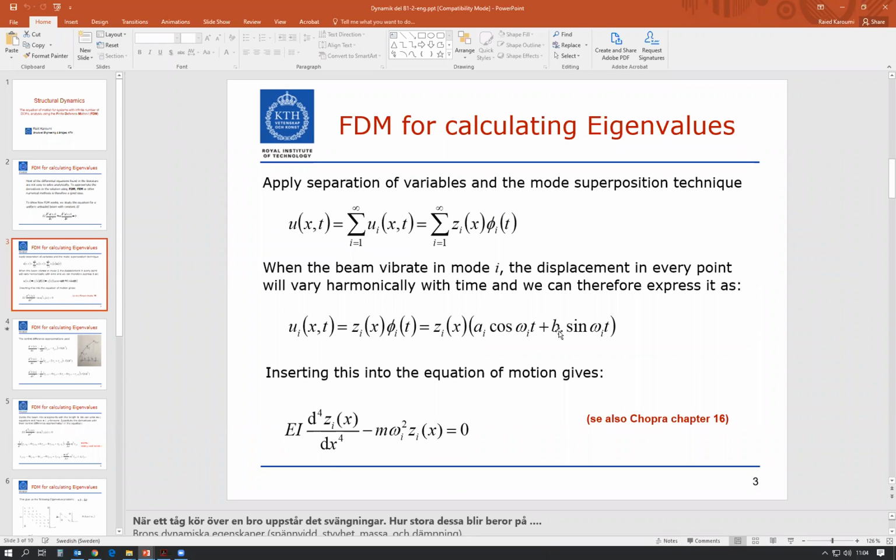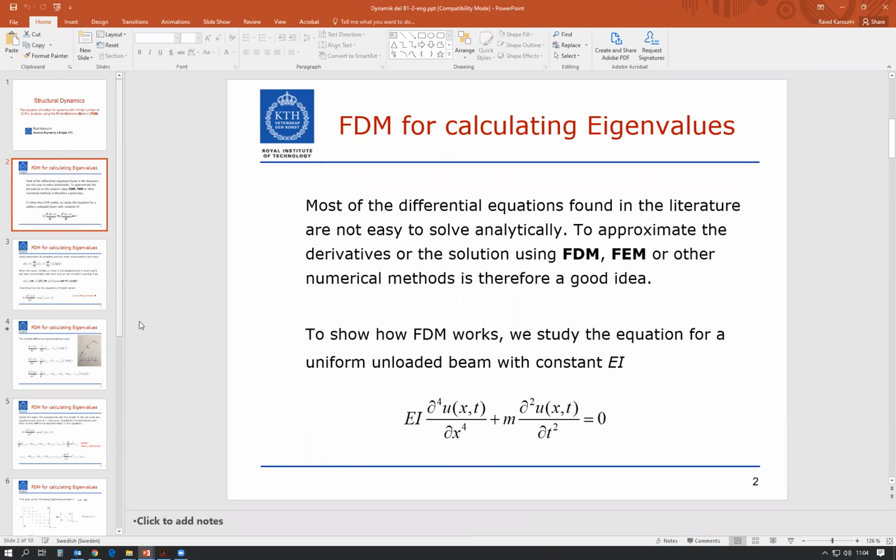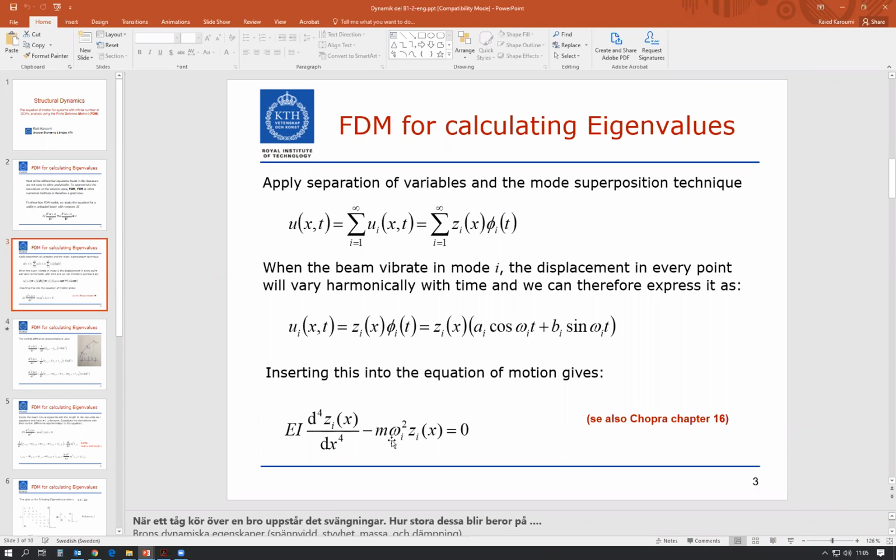As it is sine and cosine, when we differentiate twice, the cosine will be cosine again, and the sine will be sine again, but we will have a minus in front, and we will have an omega square in front. And this is what you see here. So by doing this, the plus will be minus, and then we will have the function again, but we will have an omega to the power of 2 for that mode i. We have seen this also from previous lectures.